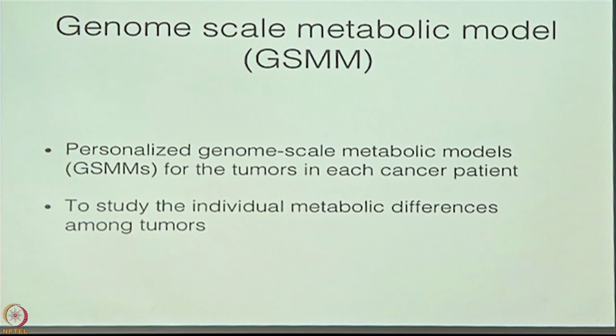If you construct a full genome scale model for this cancer and for the next cancer, let's take 2 liver cancers for which all the proteomics or transcriptomics are known, we'll be able to compare and say how they are different. Are you with me or no?